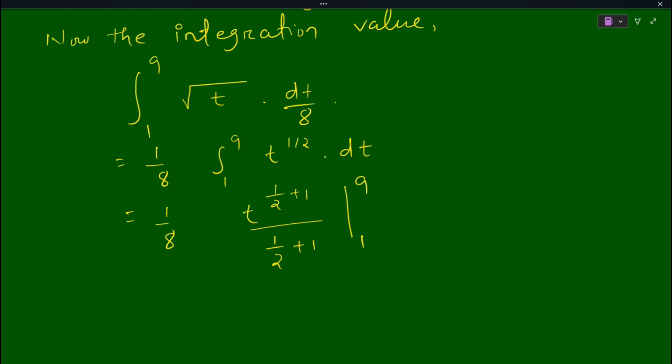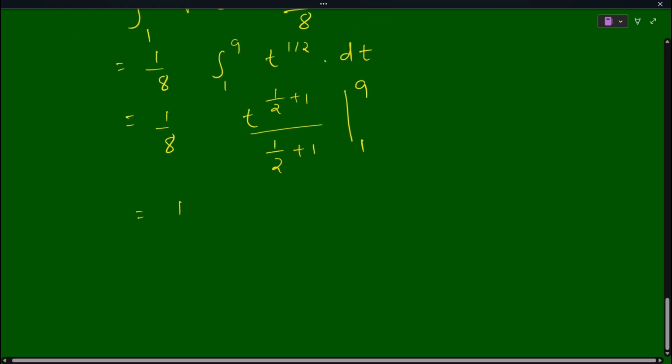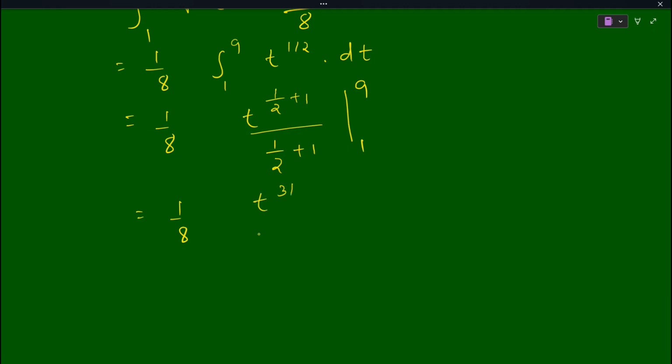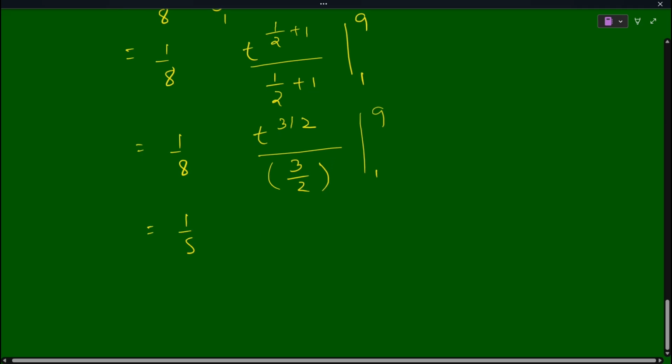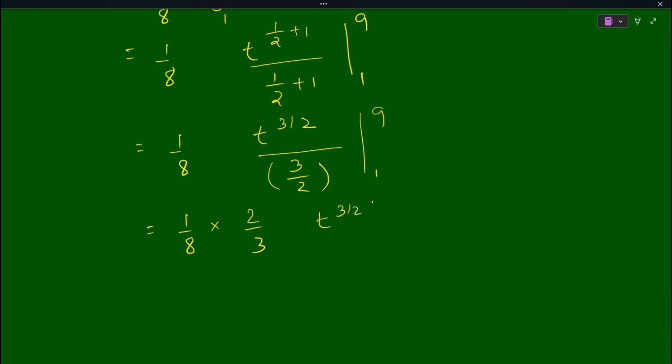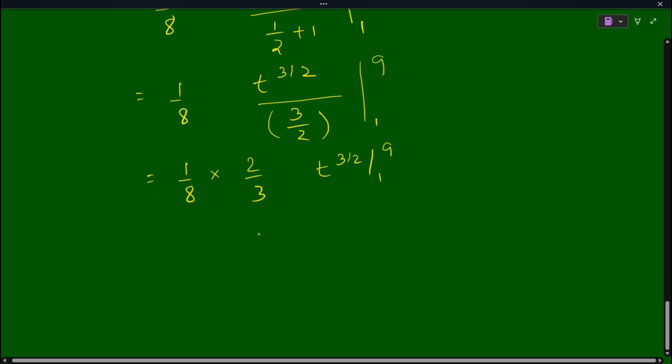Okay, and in the right hand side, we'll place its limits. Now let's solve a little bit more. This t to the power half plus 1 is t to the power 3 by 2, since half plus 1 is 3 by 2, and the limits are 1 to 9. Now 3 by 2 here is a constant, we can take it outside, then the value will be 2 by 3. Now this is t to the power 3 by 2 and the limits are from 1 to 9.